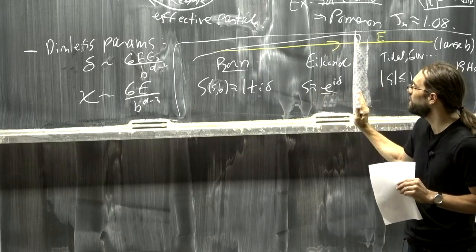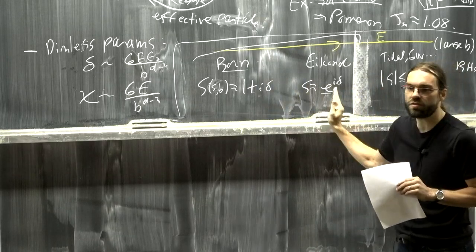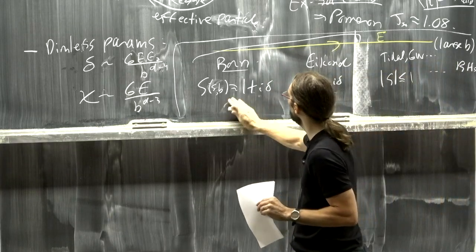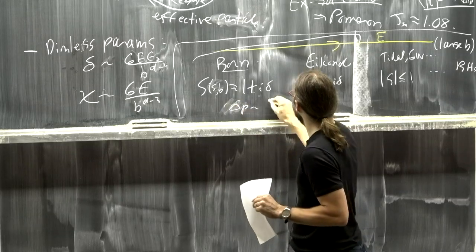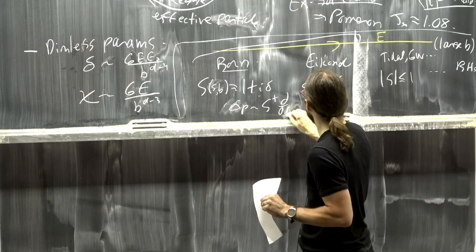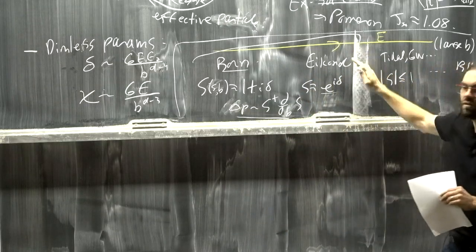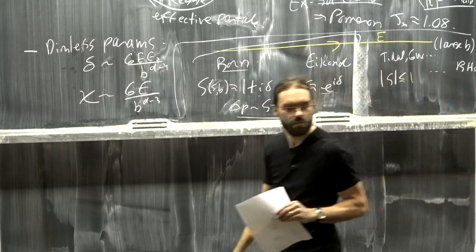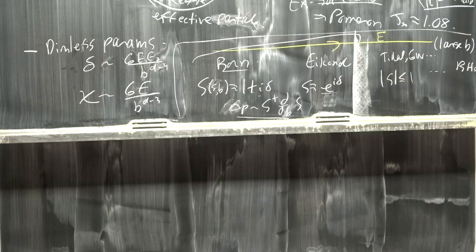We basically said that the deflection angle was a derivative of the phase shift, saying that the momentum transfer is S dagger d/db of S. That was valid up to here. So our calculation does work even for classical objects where the eikonal phase is huge, but the scattering angle is not large.